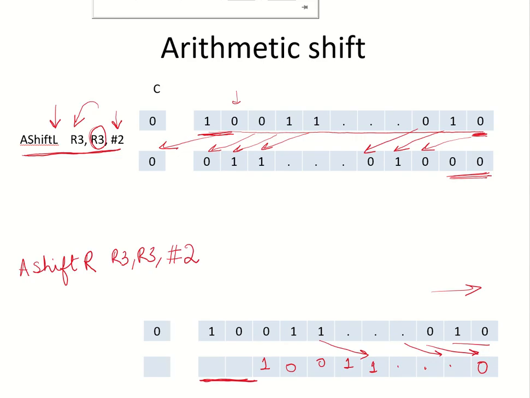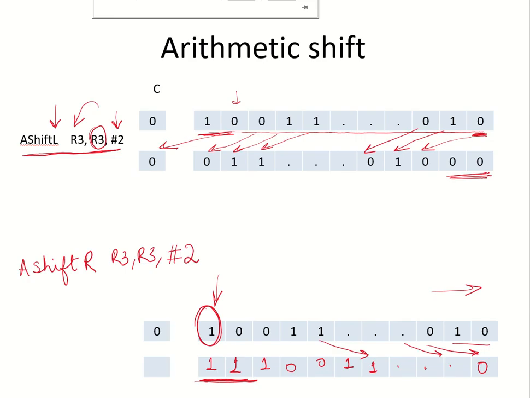So these most significant bits, we have to take care of the sign. These vacated bits will be replaced by the sign of the original operand. As we see over here, the sign bit was 1. So we will have to put a 1 over here to take care of the sign of the operand.